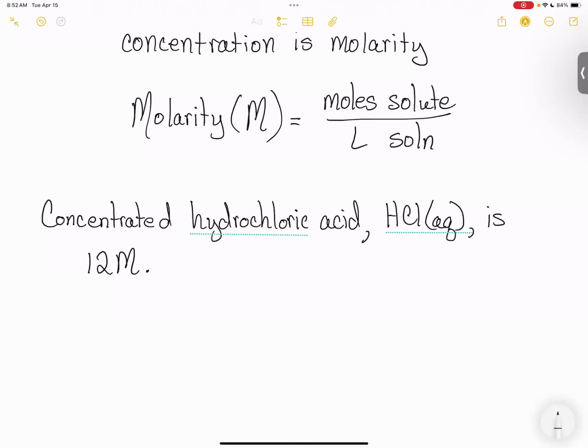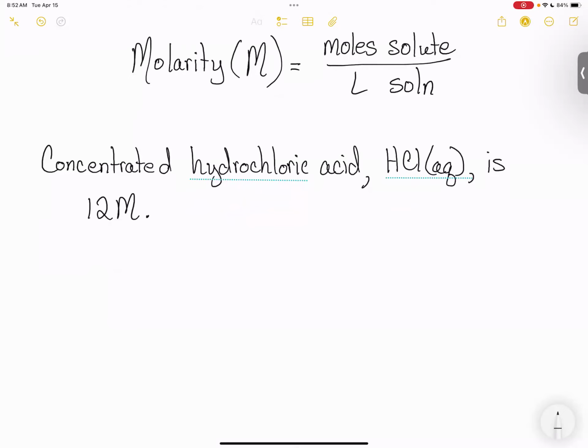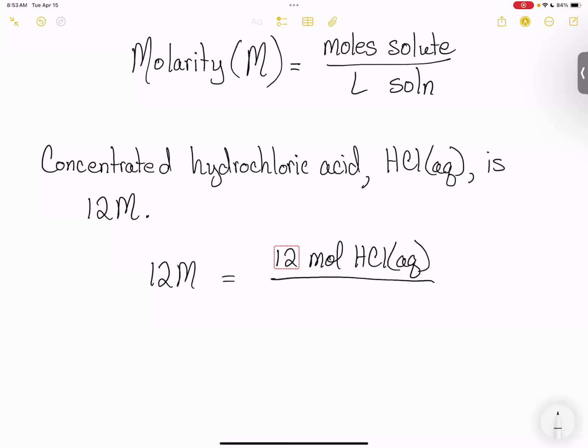What do I mean? Well, if concentrated hydrochloric acid is 12 molar, what that means is that it is 12 moles of hydrochloric acid in 1 liter of solution.